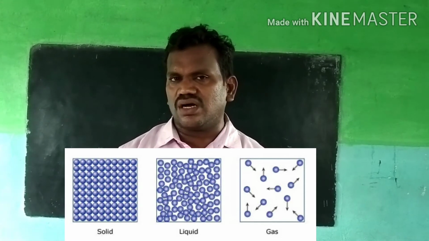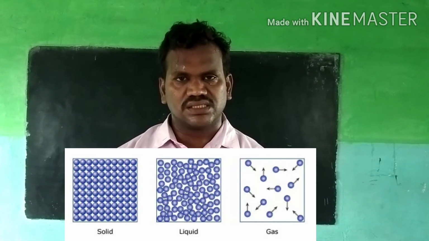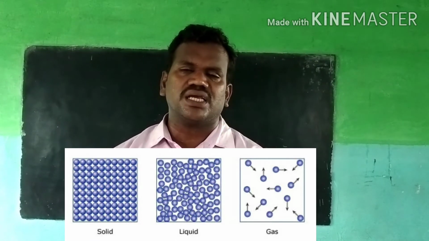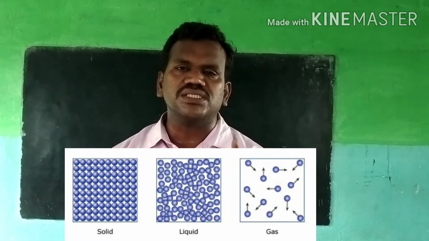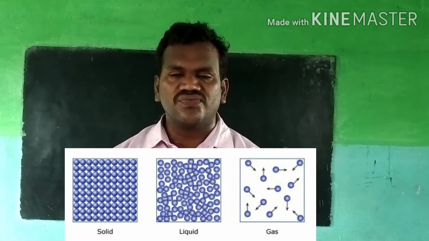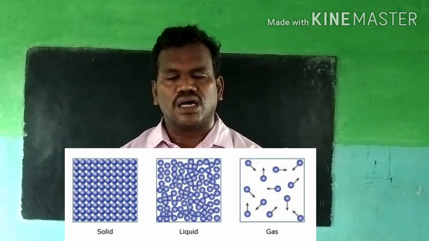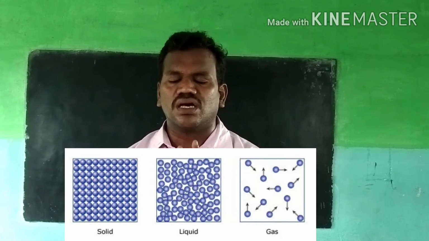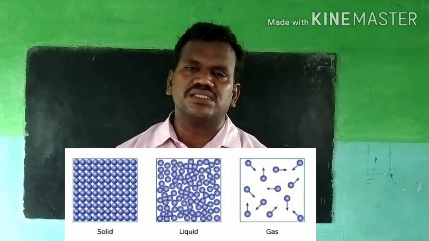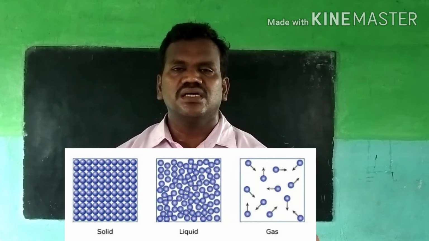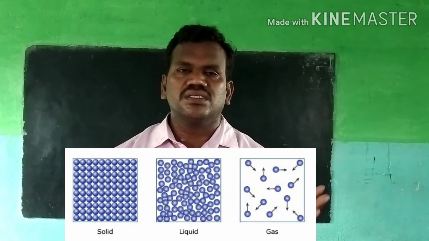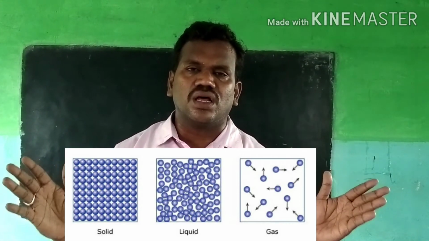The definition of intermolecular distance is the distance between two successive particles or two successive molecules of either solid or liquid or gas. This intermolecular distance is very least in solids, a little bit more in liquids. The intermolecular distance is too large in the case of gases.